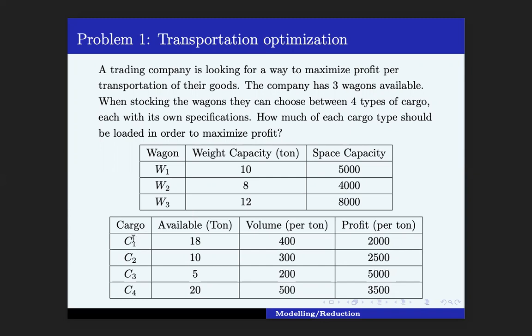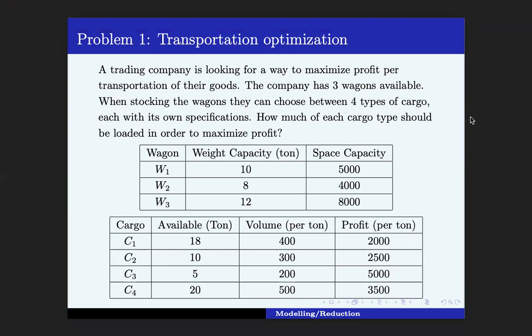And for none of the cargoes can I take more than whatever amount is available. Under those constraints, I want to maximize profit. So there are 3 constraints, and I have one maximization that I need to do.